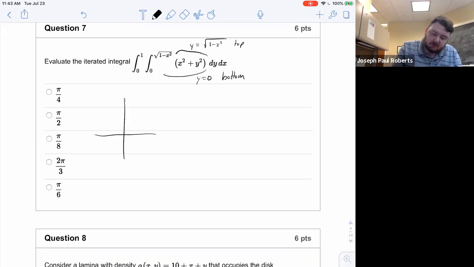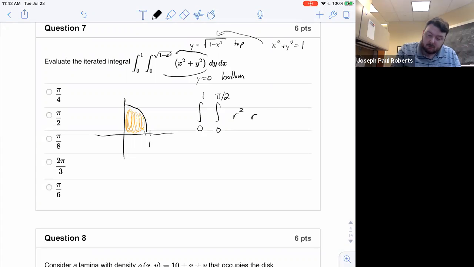So it's really just the first quadrant piece of the previous problem, that x goes from 0 to 1, y goes from 0 to square root of 1 minus x squared. And so that you could play around with to see is the part of a circle. So in polar, this ends up being 0 to 1, 0 to pi over 2, r squared r d theta dr. Don't forget your extra r again.